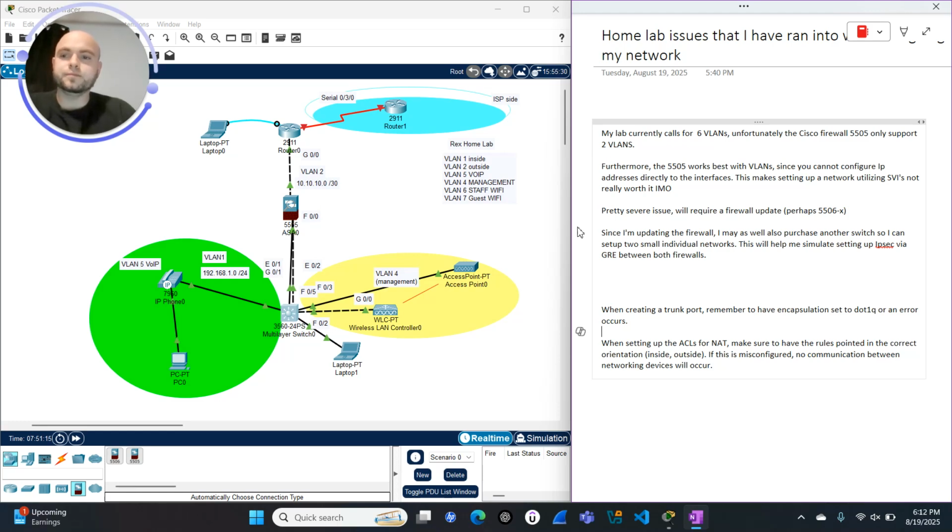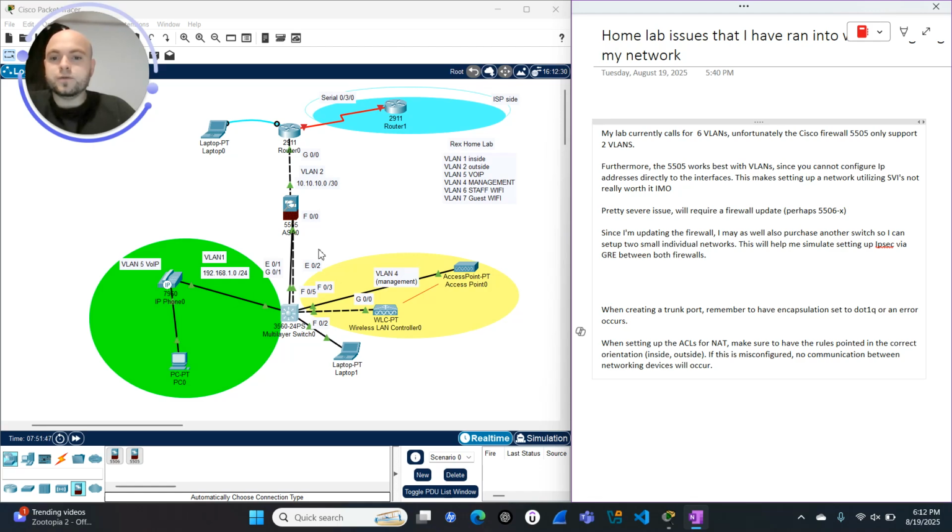But I just noticed that when setting up ACLs for NAT, in some situations I had the orientations flip-flopped, and if I had it flip-flopped and I tried, let's say, router zero to ping this network, or something inside the network to go outside and ping that device, it wouldn't work. But yeah, that's really it.